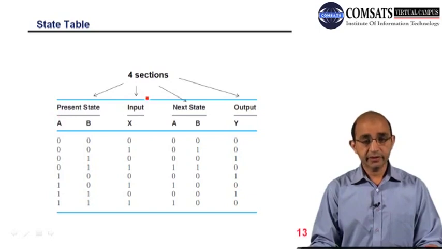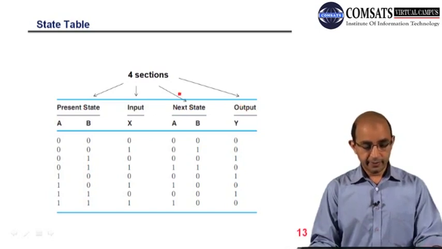So we have 4 sections: present state, input, next state, and output. Or you can say we have 4 columns representing present state, input, next state, and output. If we have a circuitry with 2 flip-flops, then we will have A and B. This depends on the circuitry.